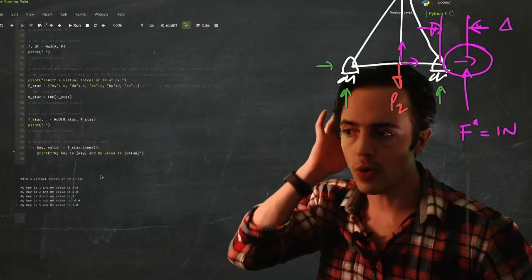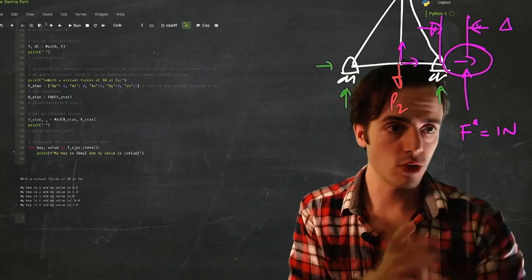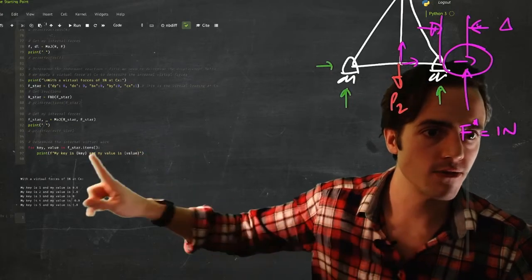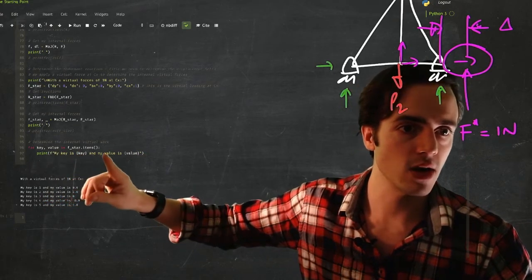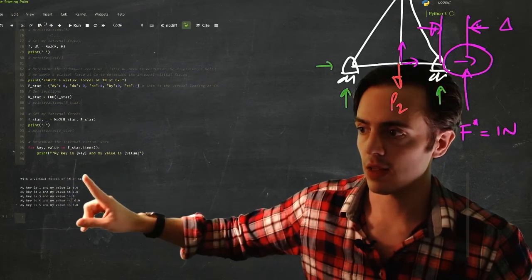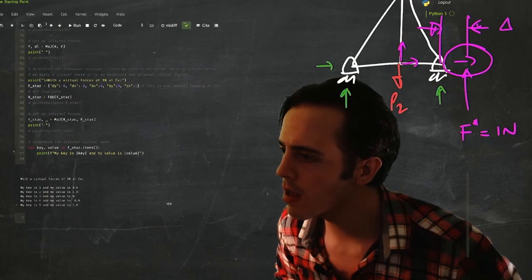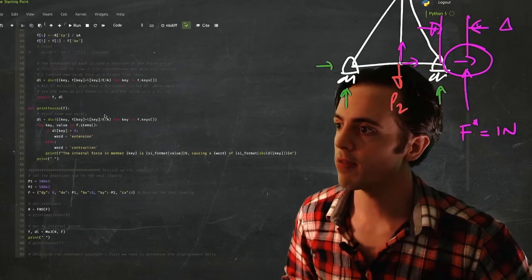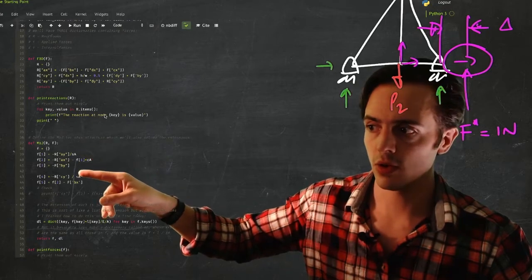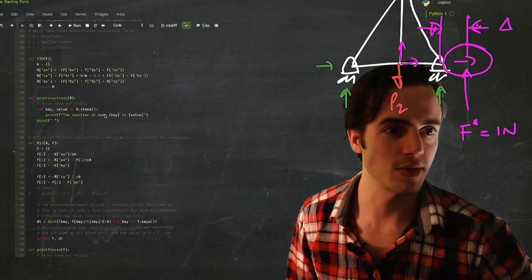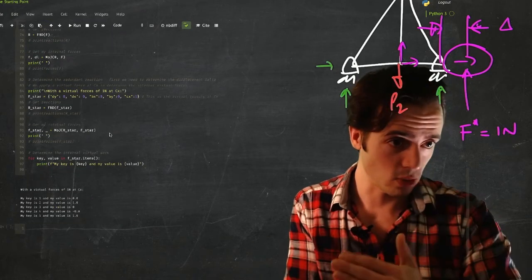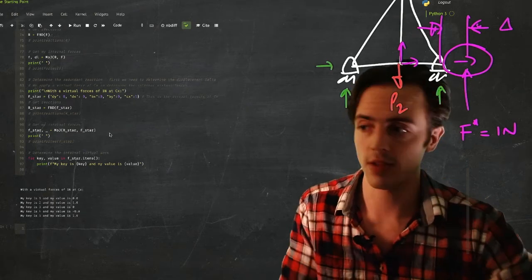If I want to loop over all of the things in F star, which is a dictionary, for every key and every value in F star, I'm going to print out my key and value. That's fine, because I've called these members 1 through 5 in my method of joints, numbered in that order. I don't need to care about what they correspond to, because I've also numbered the DLs according to the same scheme.